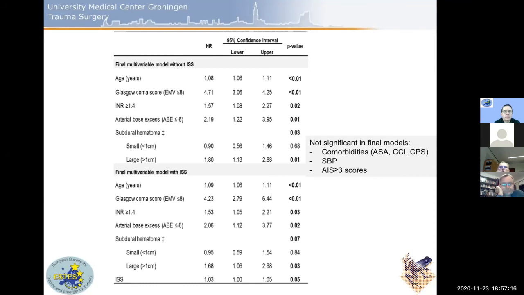But with both you see that age, Glasgow Coma Scale, clotting disorders, base excess, and the large subdural hematoma are risk factors without and with, but comorbidities, systolic blood pressure, and AIS of 3 or higher are not significant in the final model.